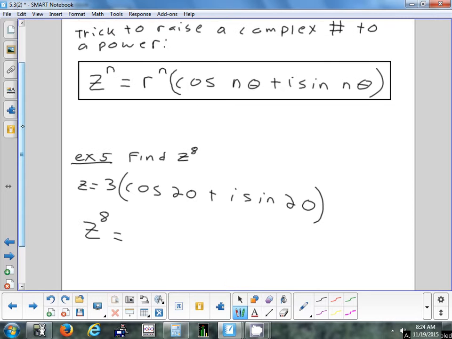So let's start with our radius. What would be my calculation for my new radius? 3 to the 8th. Which, if it starts to get really big, we just leave it. We don't even do that out. We'll see how big that is in a second. How do I get my new angle?